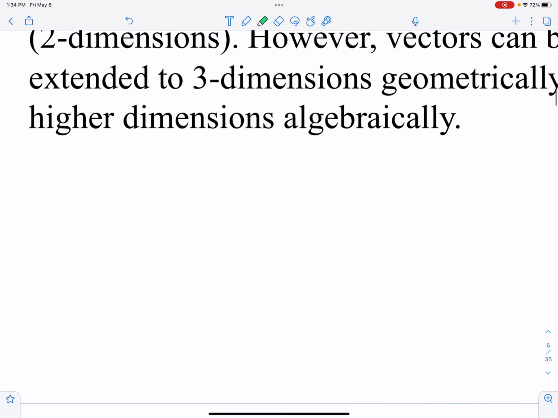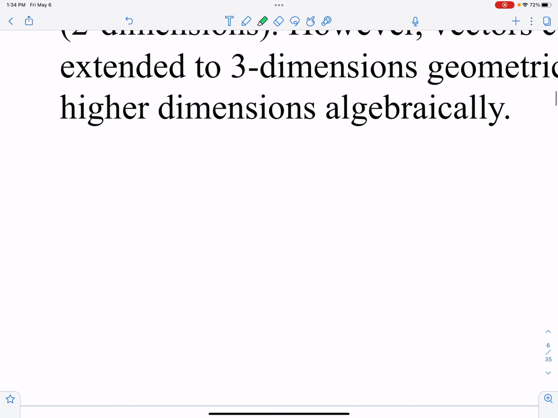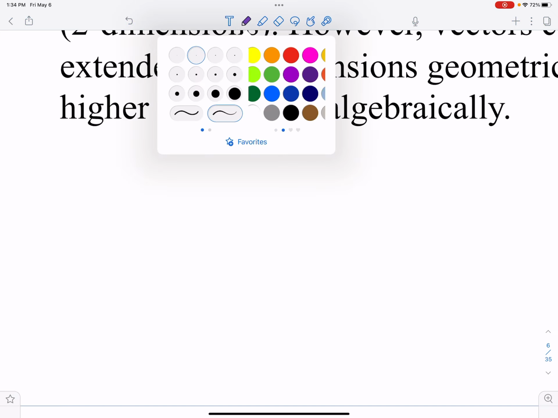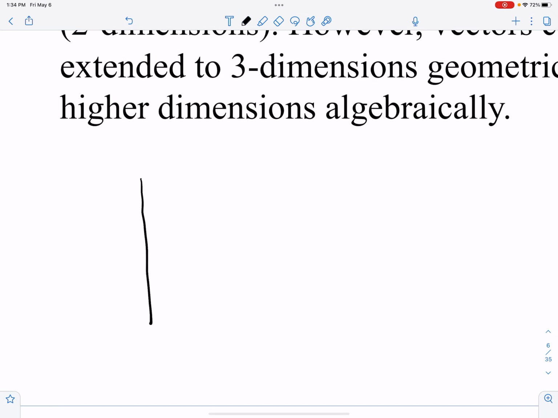For what we can think about geometrically, 2 dimensions and 3 dimensions, I'm just going to draw a little picture here. In 2 dimensions, in the XY plane, we can think about having a vector.